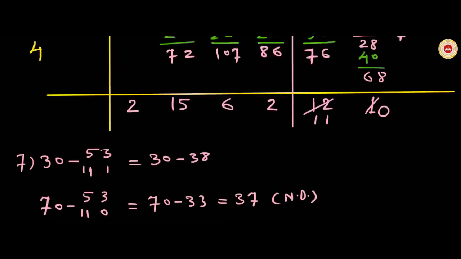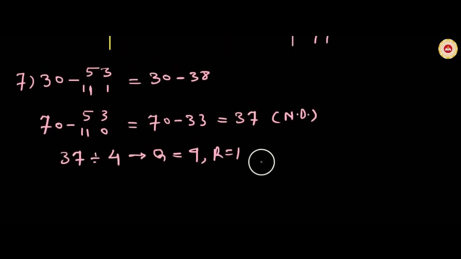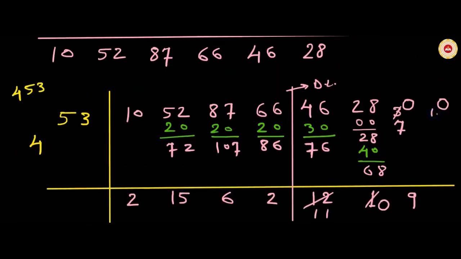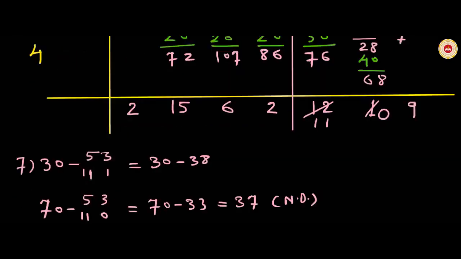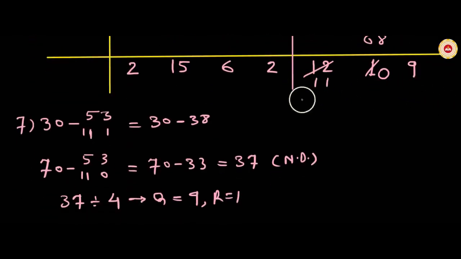So write quotient 9 below gross dividend 70, add a 0, and write remainder 1 as a prefix to the next digit of the dividend, which is the 0 we just wrote here. Now this 10 is the gross dividend, but friends, we have already calculated 3 decimal places. So let us write the final answer.